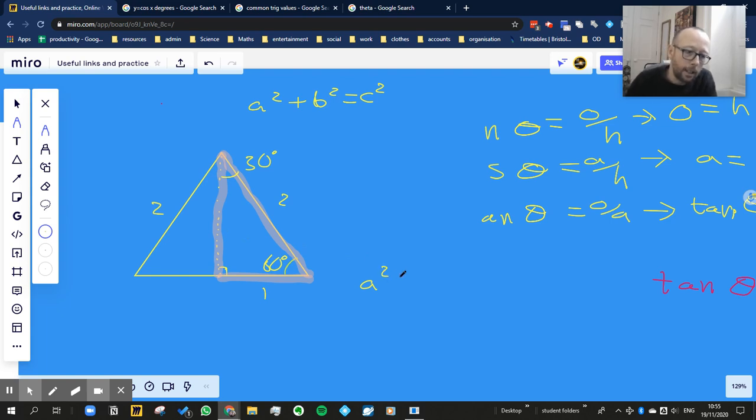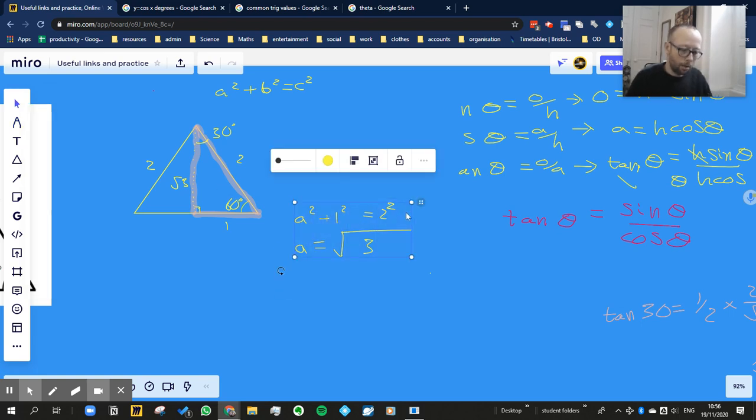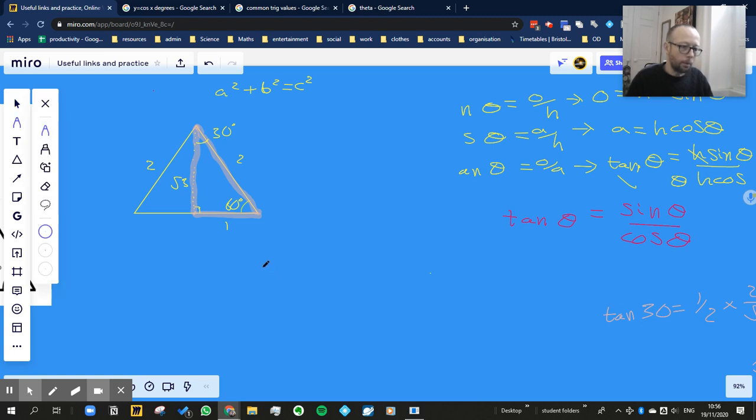A squared plus 1 squared is equal to 2 squared. So a quick rearrangement, a is going to be equal to the square root of, well, that's going to be 4, take away the 1, it's going to be the square root of 3. So next, let's just get rid of that for now. Next what we're going to do is use these trigonometric values, and we're going to start off with theta equal to 60 degrees.